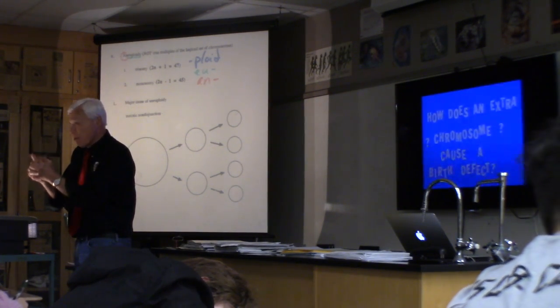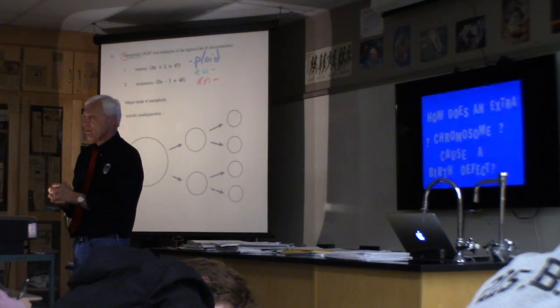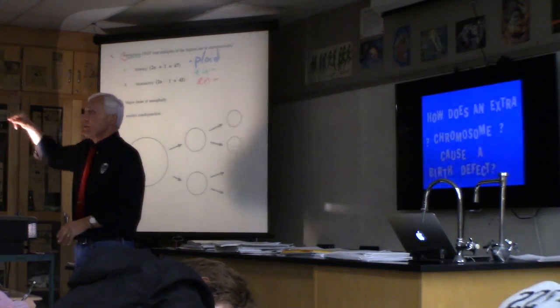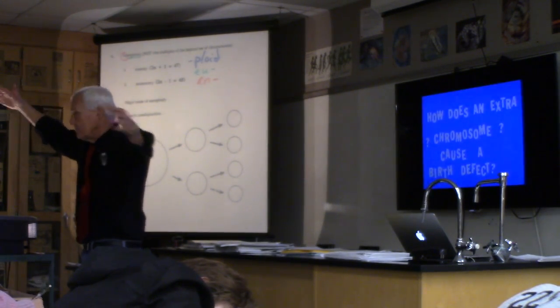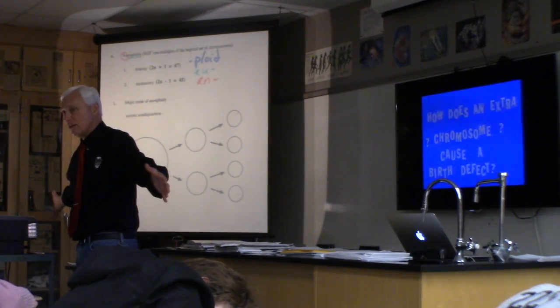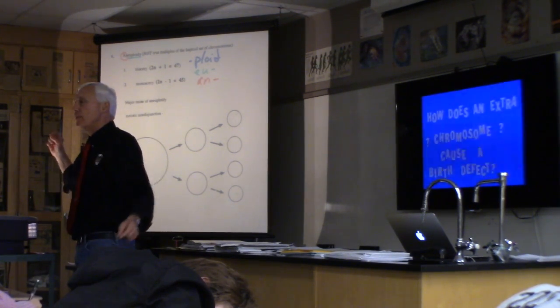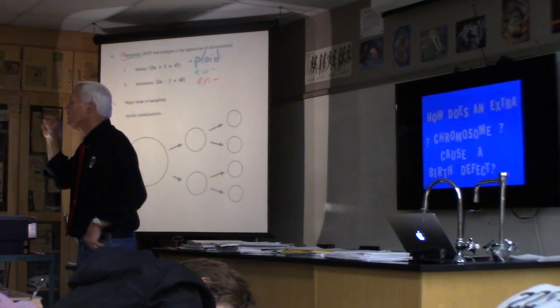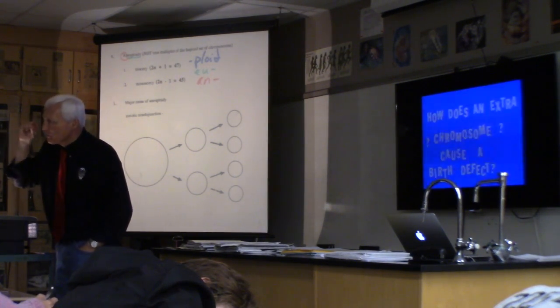Now I want to give you a sobering thing to think about. Don't want to scare anybody. Every one of us in here, and I'm including myself, produces a very small number of sex cells that have the wrong number of chromosomes in them.